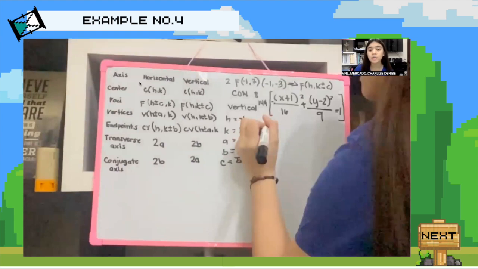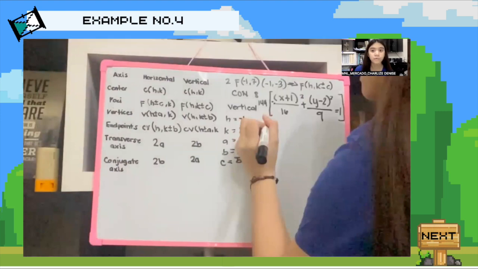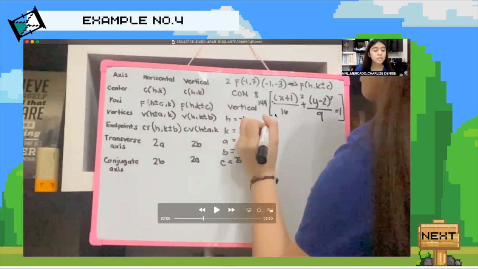In this part, we will first solve for the standard form of hyperbola, then solve for the general form.